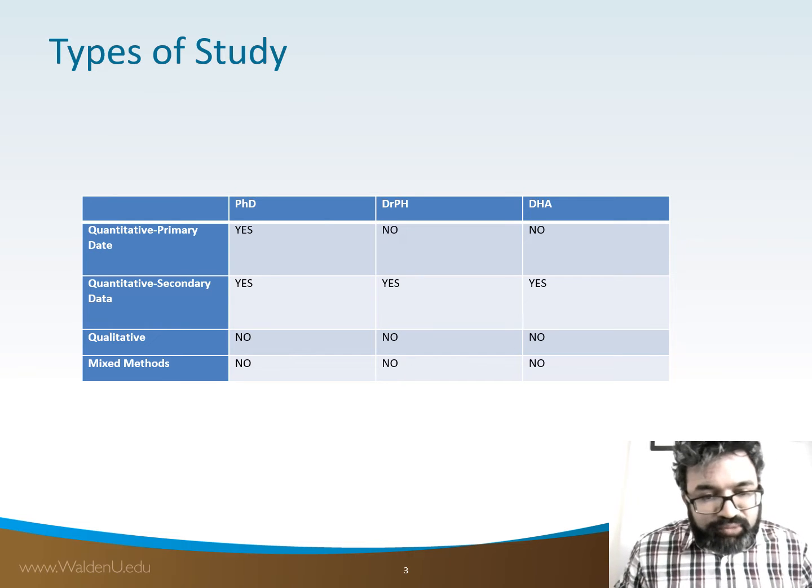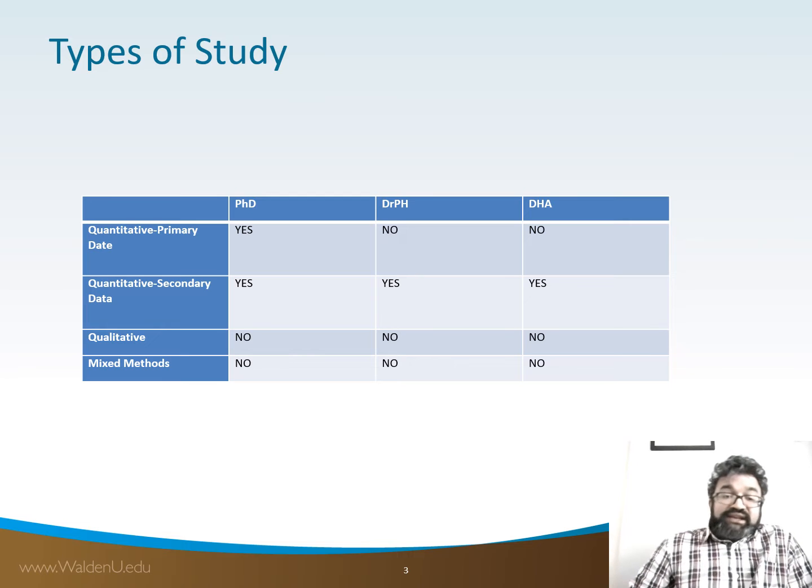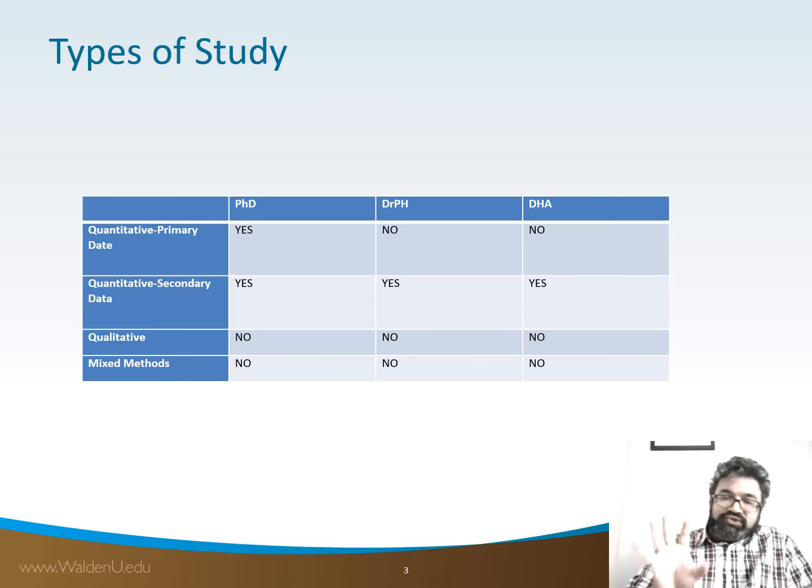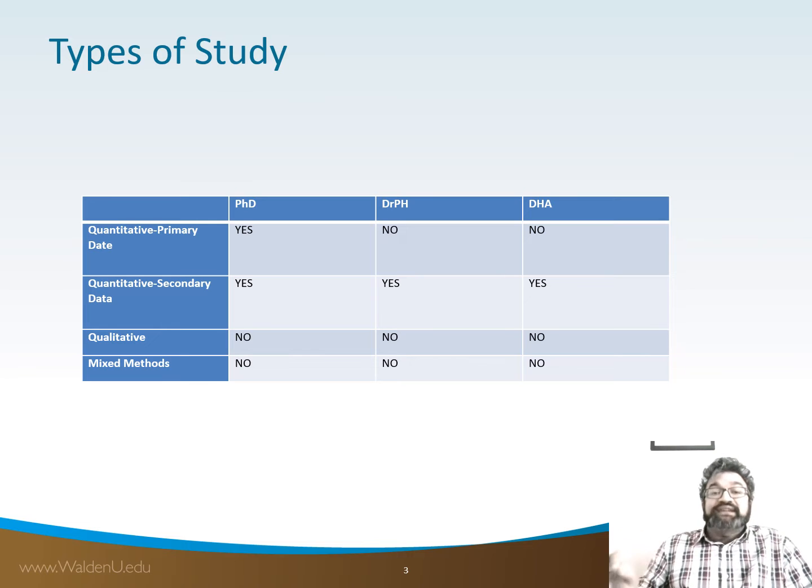So what is more important is that in quantitative analysis, and not many people know this necessarily, there's two types of research. So there's primary data collection, which leads to a type of research, and then secondary data analysis.